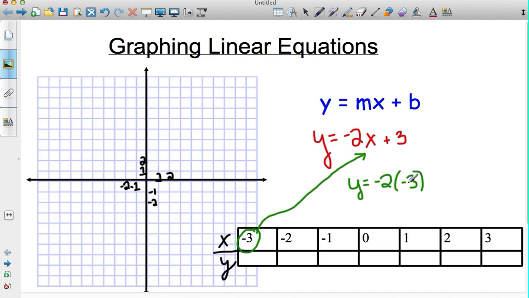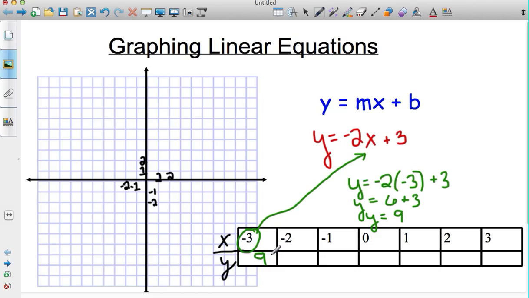So we do negative 2 times negative 3, we're going to replace it, plus 3. We simplify, multiply first. I get y equals negative 2 times negative 3 gives me a positive 6, plus 3. And therefore, y must equal 9. What that means then is, when x here was a negative 3, the y then is equivalent to 9.